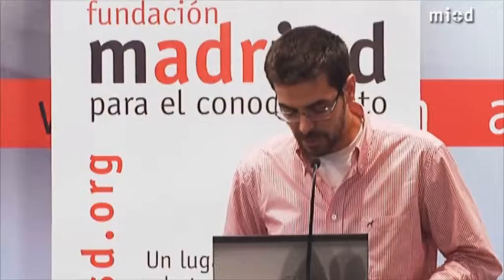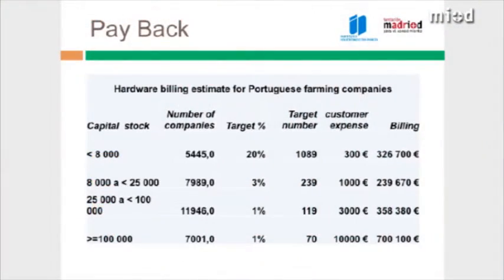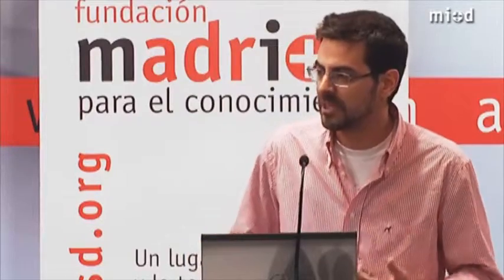As you can see, our main target are the small producers that are in big number, and that could be loyal customers, and they will pass the word between them if we are able to give them a flexible and also a reliable system.